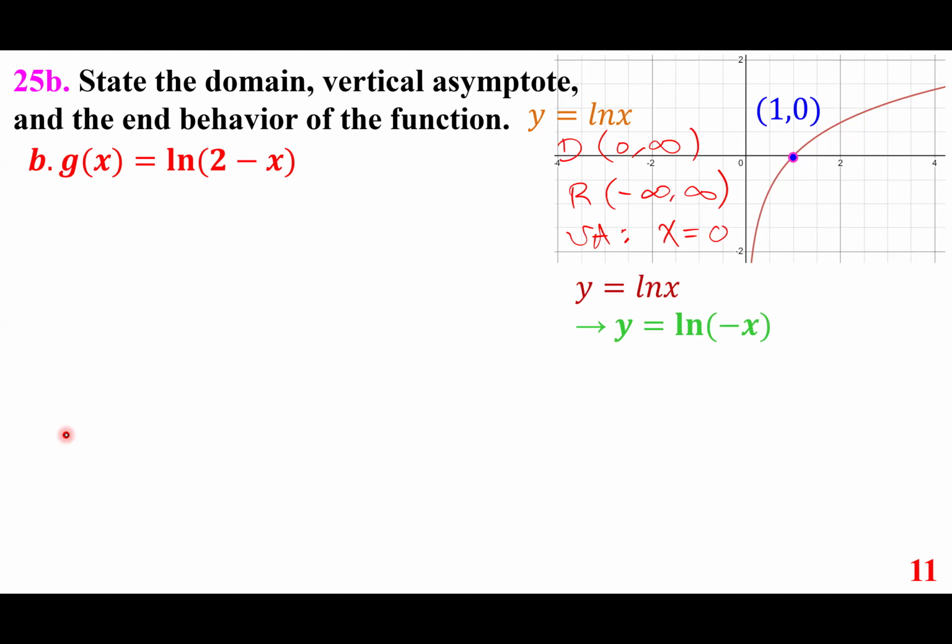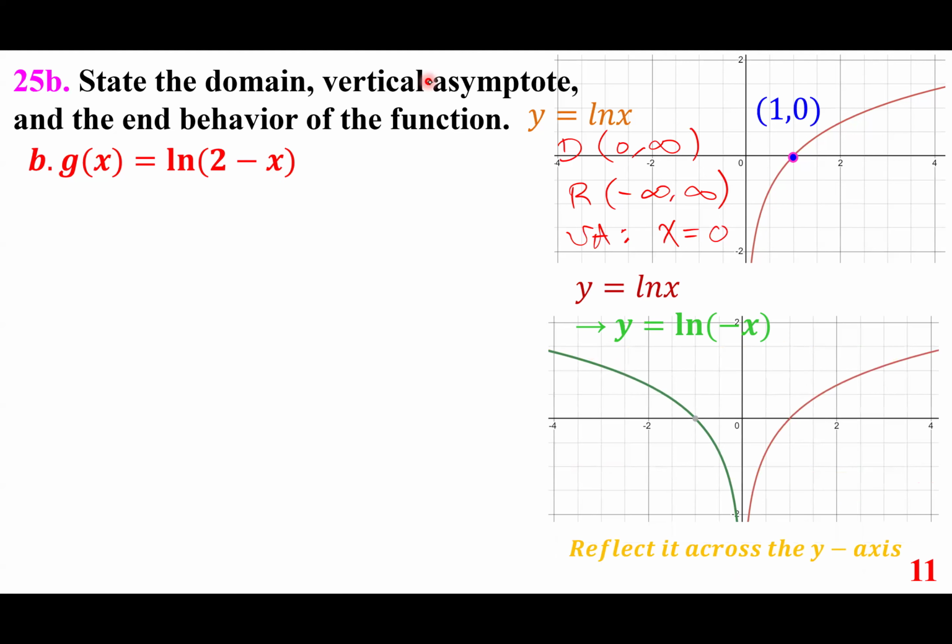Let's graph y equals ln of minus x, which means reflected across the y-axis when you change x to minus x. So this flips over, looking like that. The x-intercept was located at (1, 0). Now the new one is at (negative 1, 0).